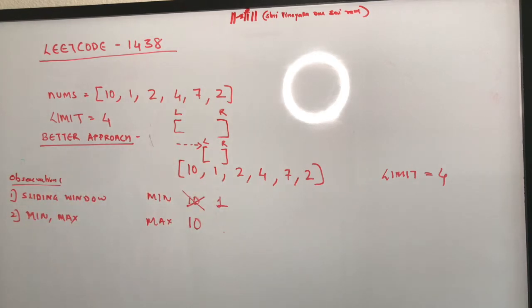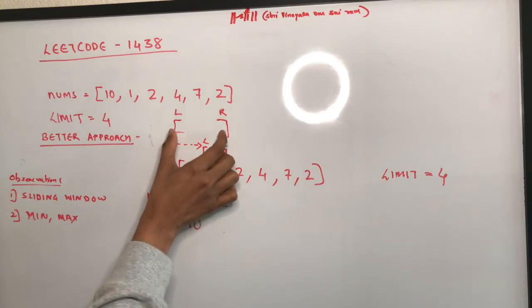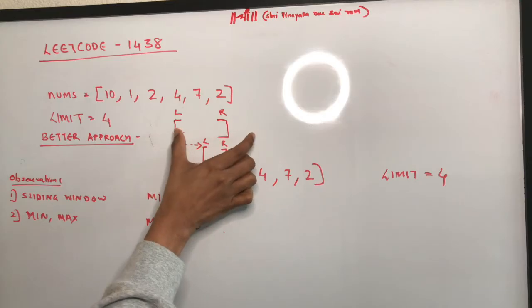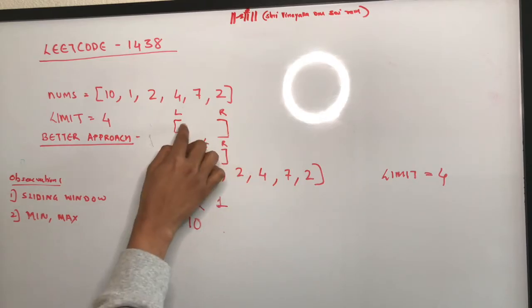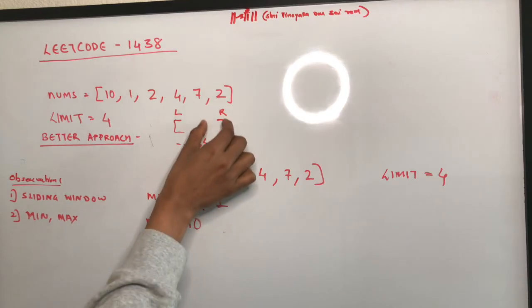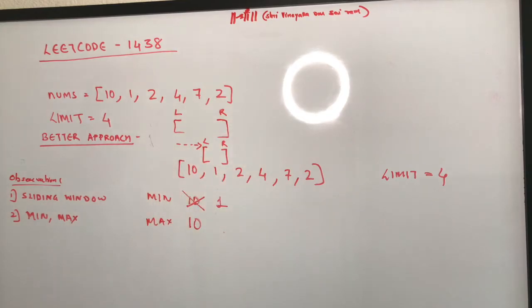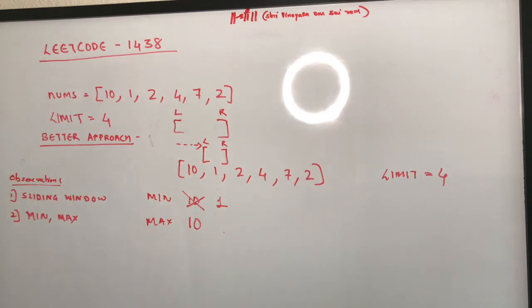Then next, as you cannot expand the right side of the window, you have to shrink your left side so that you can exclude the first element on the left, and see whether the remaining elements, which is 1 in this case, can satisfy the constraint.